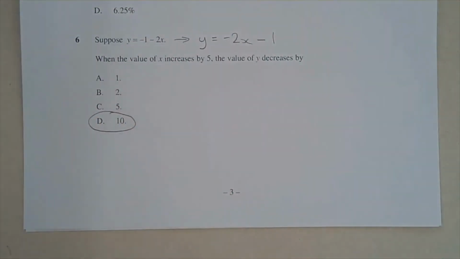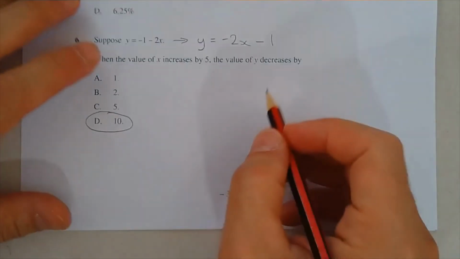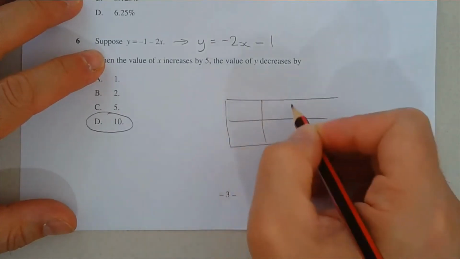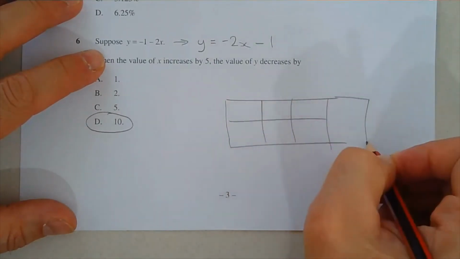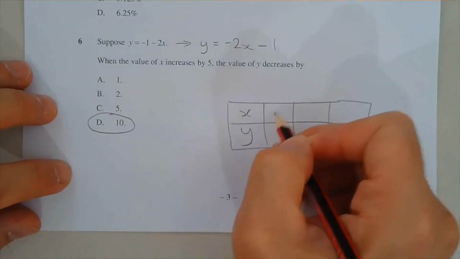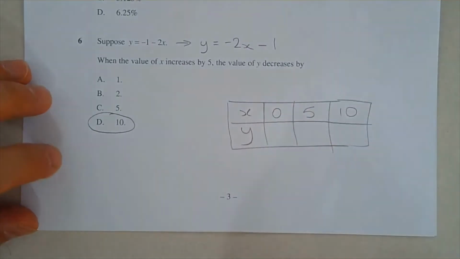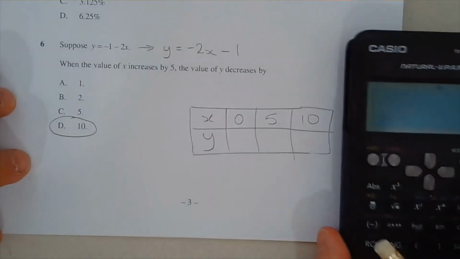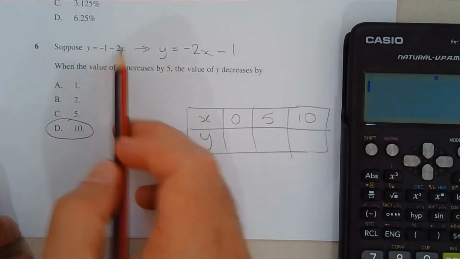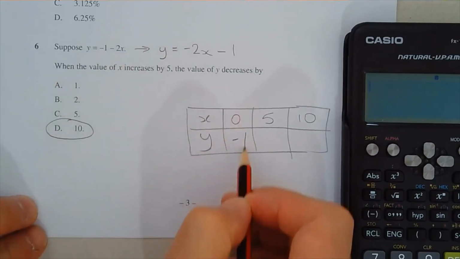Now, just for your benefit, if you want to see this a different way, you could do a table of values, and you could probably see this fairly quickly. So x, y. Let's try some values here: 0, 5, and 10. And we can use substitution here. When x equals 0, substituting into the original formula, -1 minus 0 is -1.